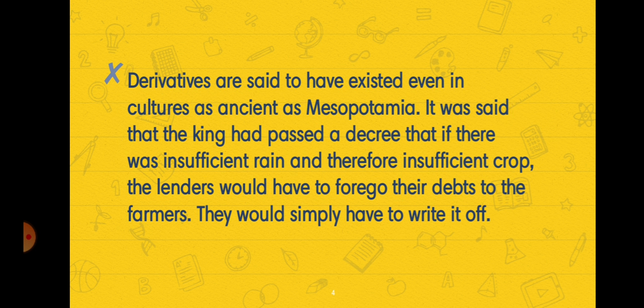So derivatives are said to have existed even in cultures as ancient as Mesopotamia. It was said that the king had passed a decree that if there was insufficient rain and therefore insufficient crop, the lenders would have to forego their debts to the farmers.